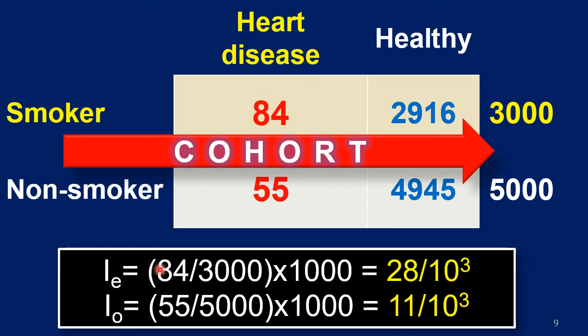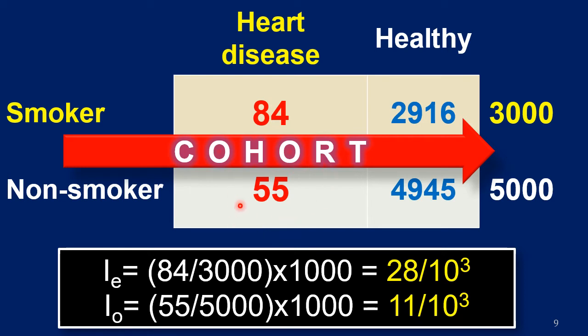Incidence, according to the formula I have just mentioned in the previous slides, will be equal to A divided by A plus B. This is the incidence among exposed, which will be 28 per thousand.